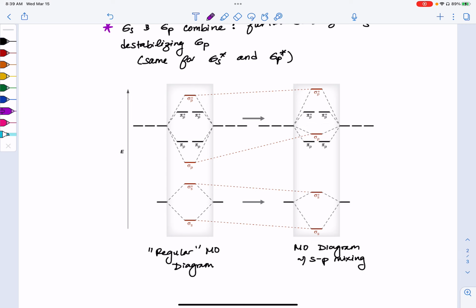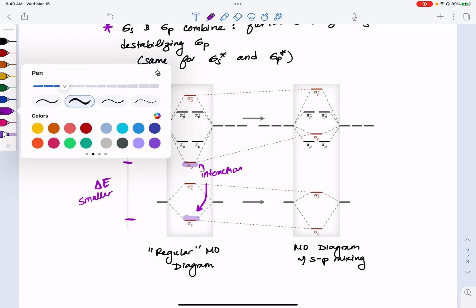Because the difference in energy between our sigma s and sigma p is smaller for some atoms, this mixing or interaction results in a swapping in the energetic structure of our diagram.